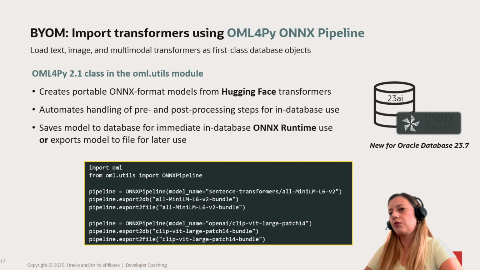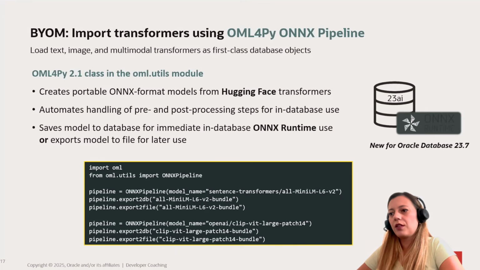This is the format that we support in the database. We capture all the pre and post processing logic, tokenization, padding, image resize, normalization, and so on inside the same pipeline. Then we either save the model in the database for the runtime inference or export it to a file like you can see in this example.